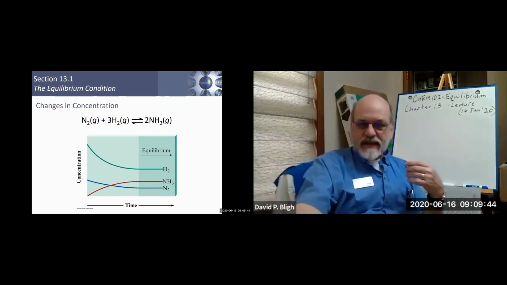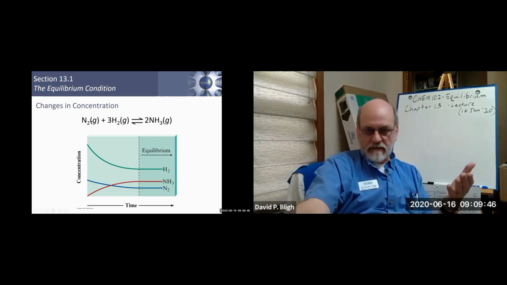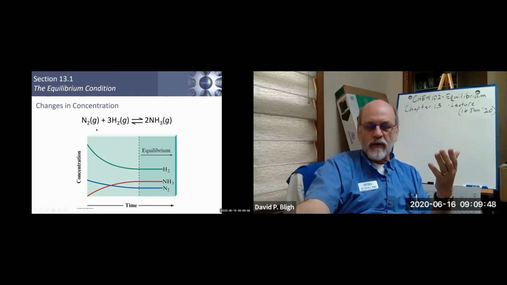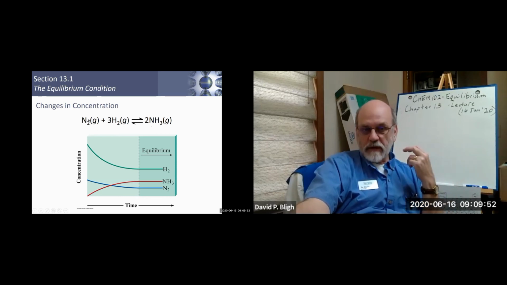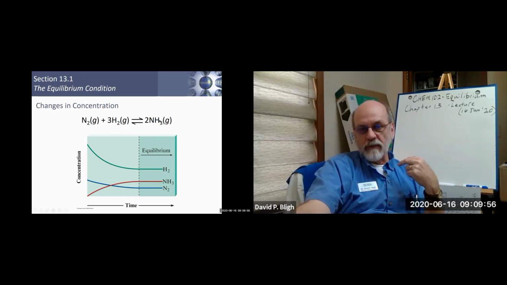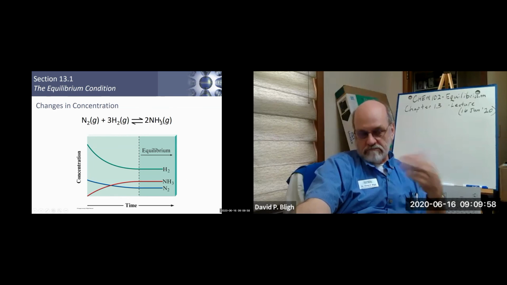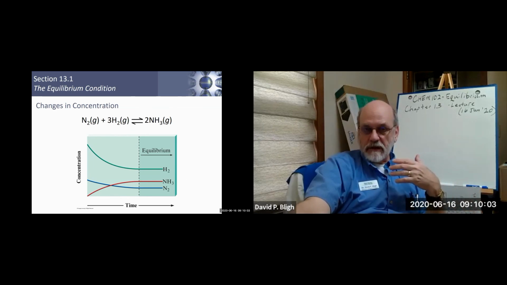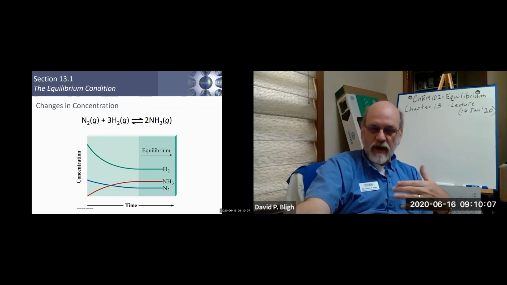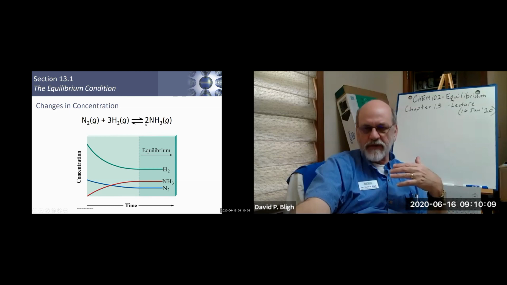Using this Haber reaction as our example, the forward reaction from reactants, nitrogen gas and hydrogen gas, to ammonia is what we'd normally consider the reactants and products, but the reverse reaction can also occur.